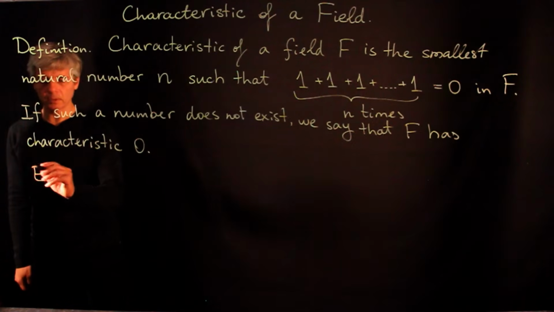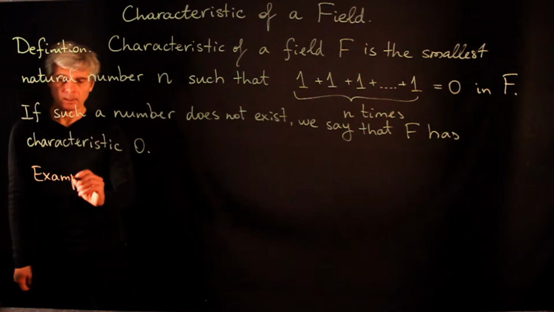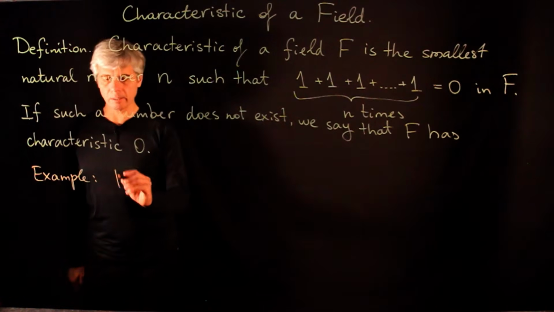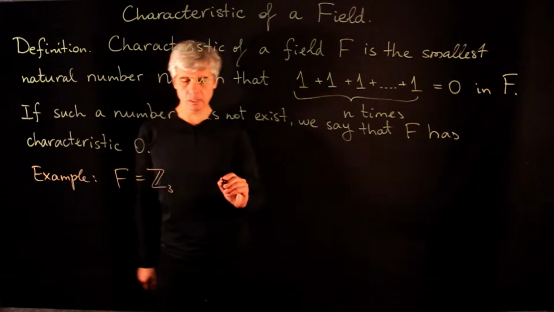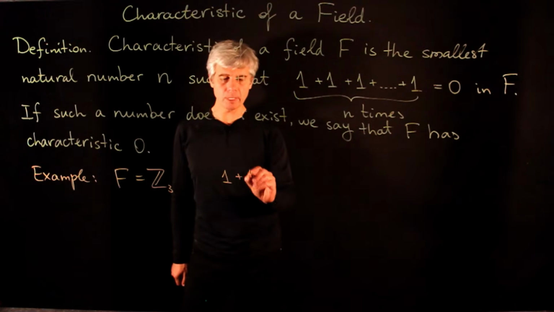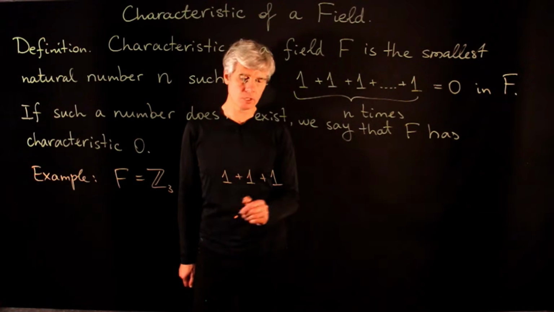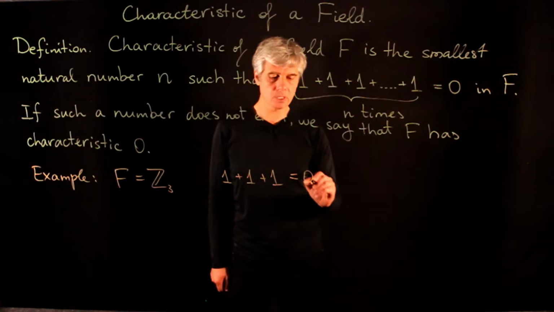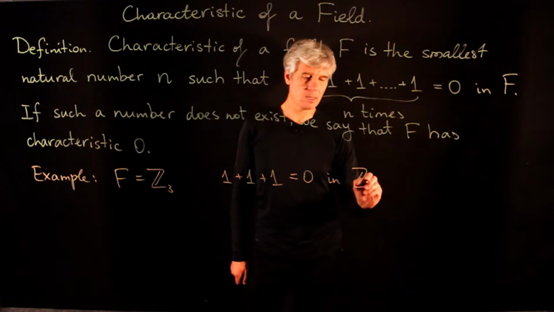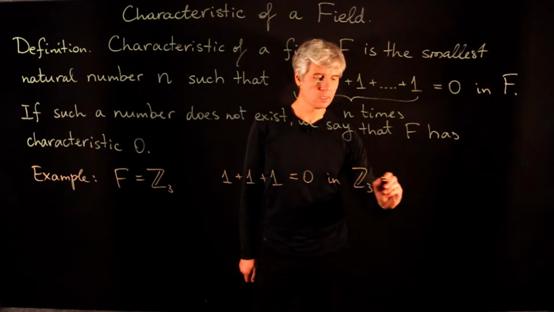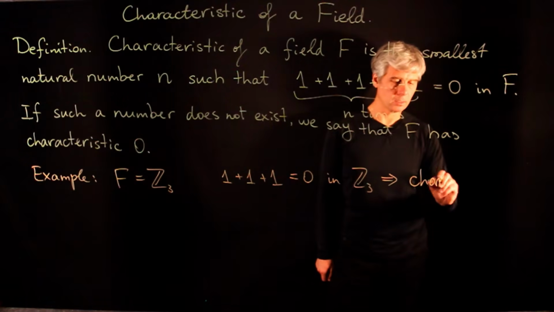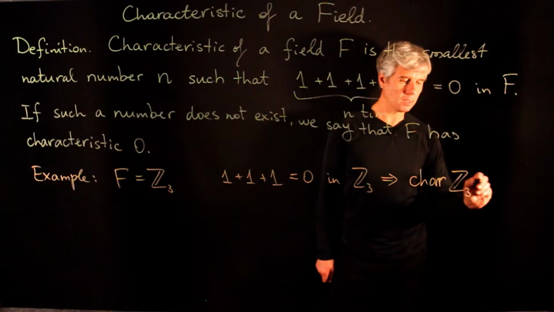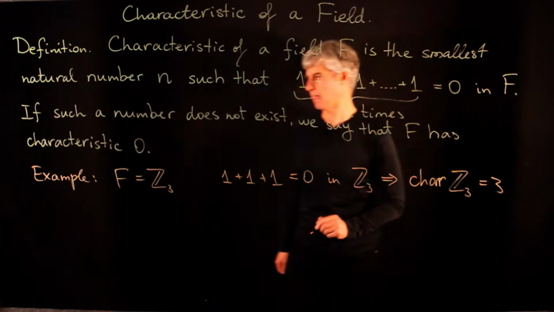So let's look at an example. Let's take a field to be Z3. So in Z3, we know that 1 plus 1 plus 1, which is 3, is equal to 0 in Z3. So this tells us that characteristic of Z3 is equal to 3.